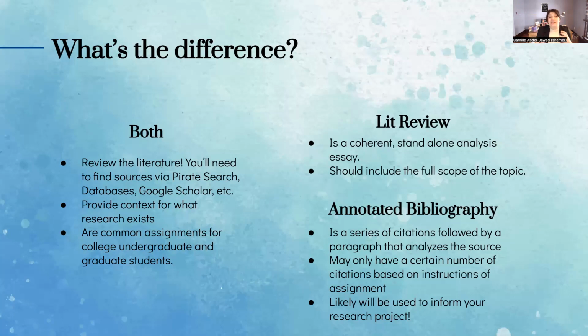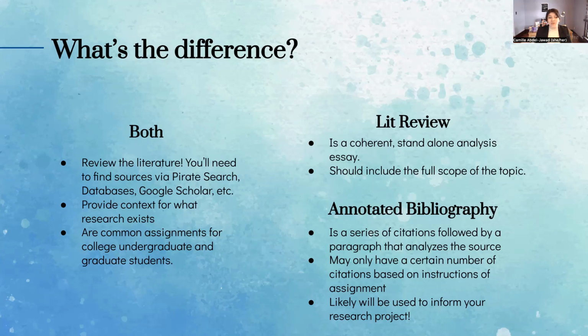But something that is different is the way that we present the sources. Both of them also provide context for what research exists in the general discourse of your academic community, right? Who is writing about this topic? What research or literature exists on this topic?